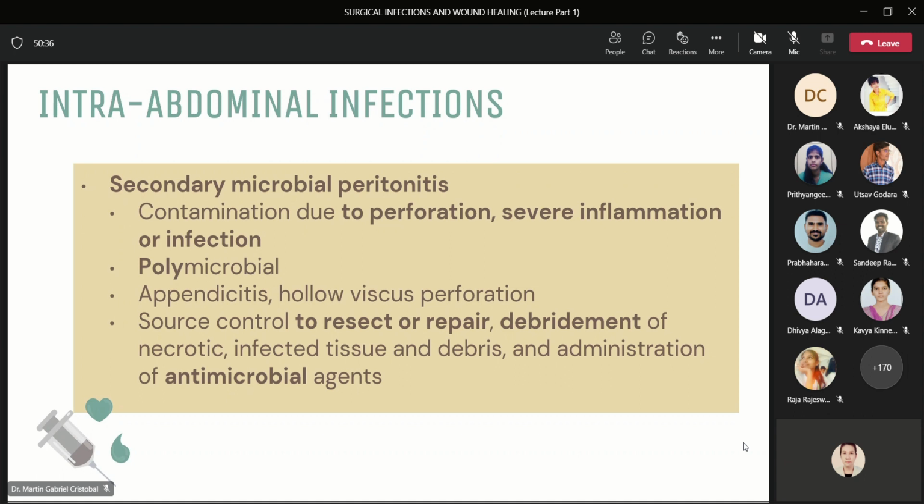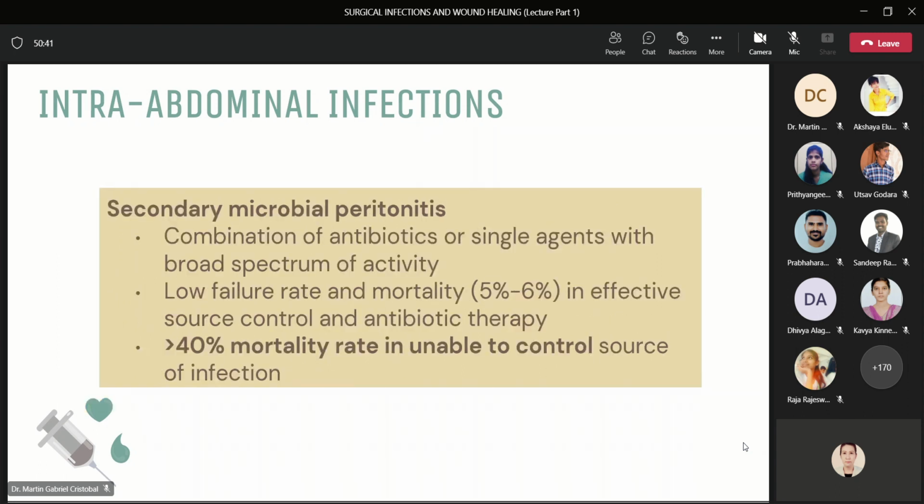A combination of antibiotics or single agents with a broad spectrum of activity is given until exploratory laparotomy is performed to establish the diagnosis.